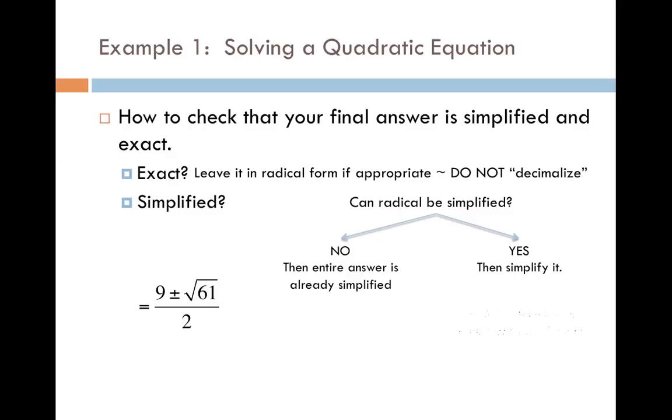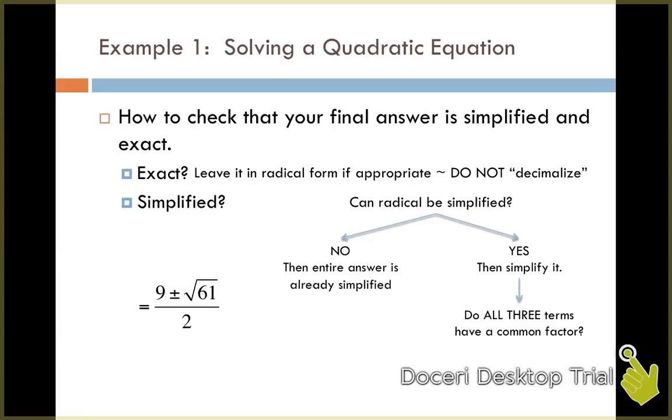Then you ask yourself, do all three terms have a common factor? So that means this number right here, whatever you end up with simplified here, and the denominator here. Now, in order to be a factor in a radical, it has to be a number that's on the outside of the radical.